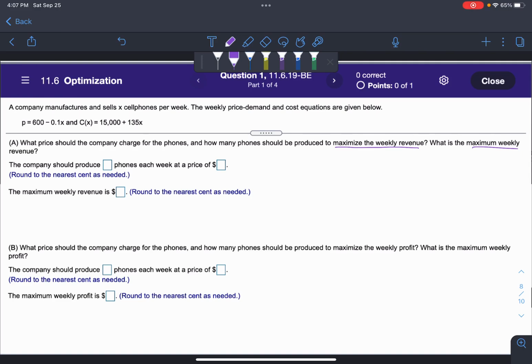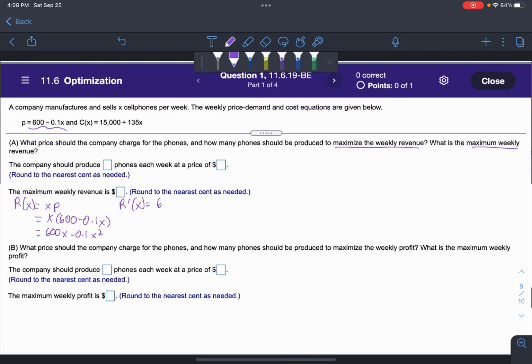Okay, so my revenue, I'm going to denote as R of x. This is going to be my x times my price demand function. So x times all of this, 600 minus 0.1x. We can distribute that through: 600x minus 0.1x squared. And so now let's find R prime of x.